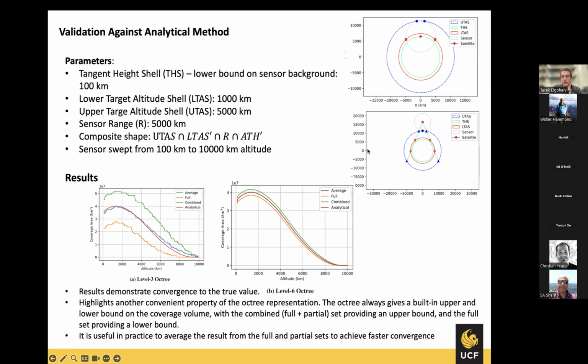We call this the dual band coverage problem. You define a lower band and an upper band, and you're trying to quantify coverage between those two bands given a sensor profile. This problem assumes an omnidirectional sensor, so it looks everywhere at the same time. Again, non-realistic, but this is what the analytical methods can do.